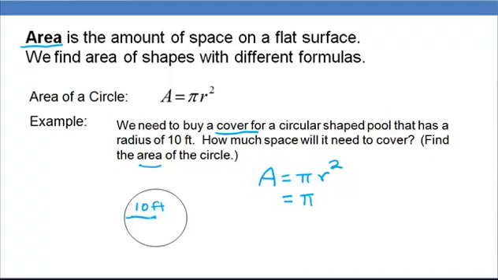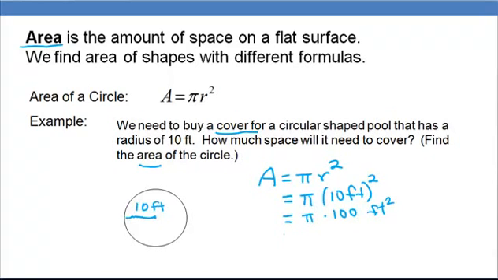pi stays, 10 feet, and that's going to get squared. You have to use order of operations, which says do your exponents before your multiplication. So 10 squared will give us 100, and the feet is also squared, times pi.